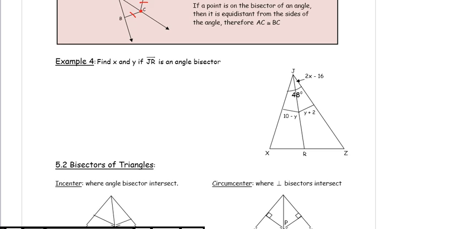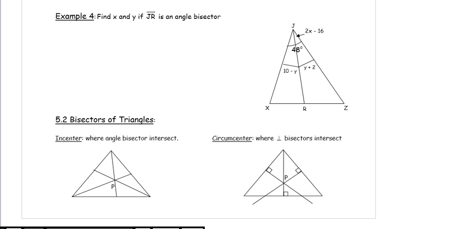Okay, so if we look at example 4, find x and y if JR is an angle bisector. So we have two things. First of all, we know that this is in degrees, so we have 2x minus 16 degrees is one of these angles. The whole thing's 48. Something we really have done before, but just expanding on it.